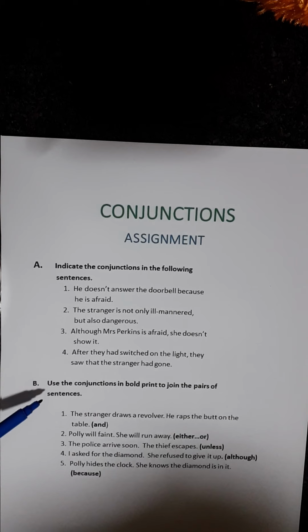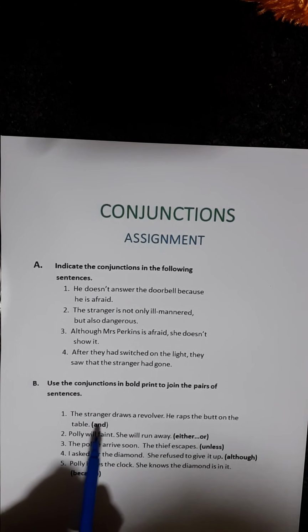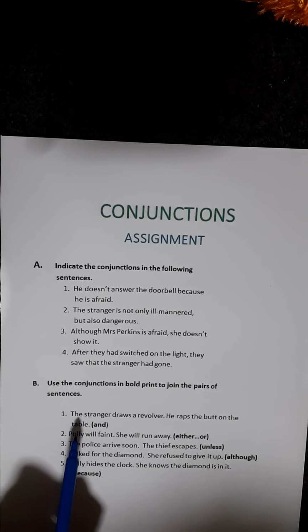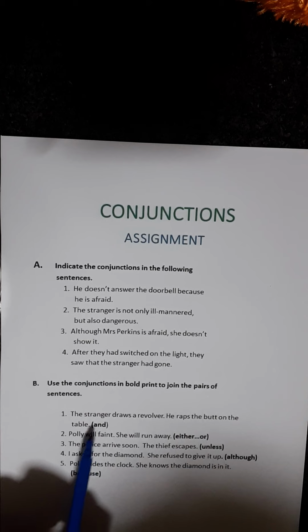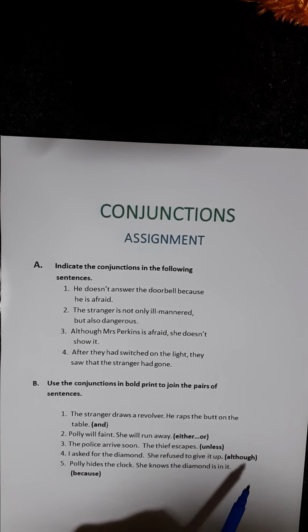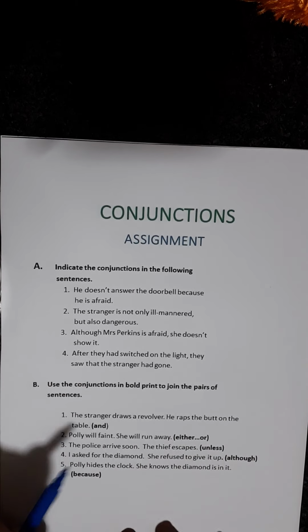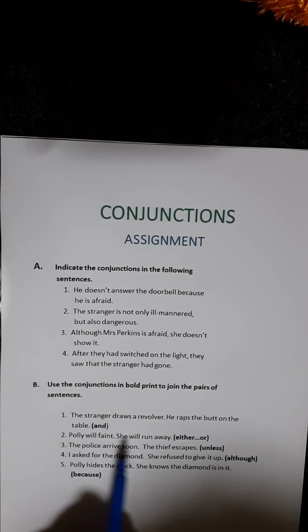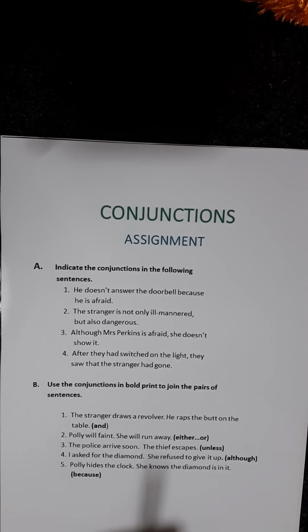Then in number B, use the conjunctions in the bold print to join your pairs of sentences. There's my one sentence and there's my other one. So you will combine them by using and, either, or, unless, although, or because. In some cases, you will leave some of the words that repeat out. You do not need to repeat a sentence twice.